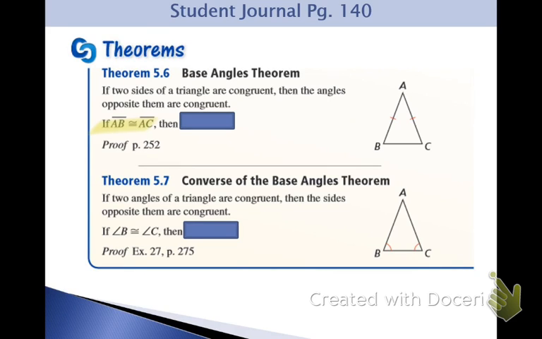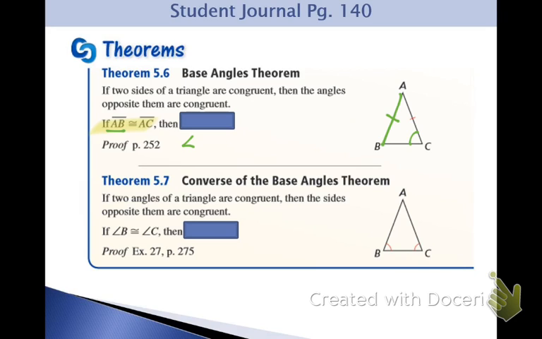If AB, side AB, is congruent to side AC, that means the angles across from them are going to be congruent. So let's start with AB. What angle is directly across from AB? Anybody? Just one letter.